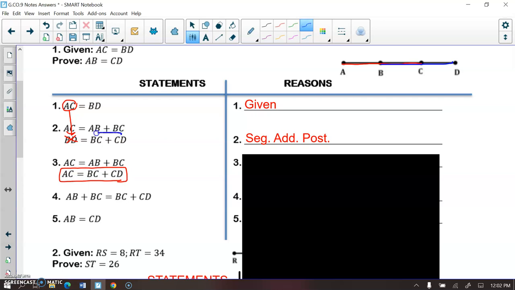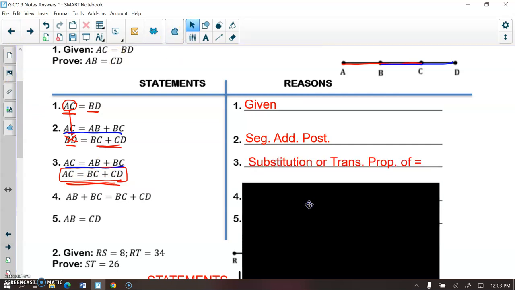Notice my first statement in steps 2 and 3 are exactly the same. I just rewrote it. That's one way of looking at it. Another way is since BD is both equal to AC and BC plus CD, I can set them equal to each other using the transitive property of equality. So either would work. It's up to you which one you want to use.